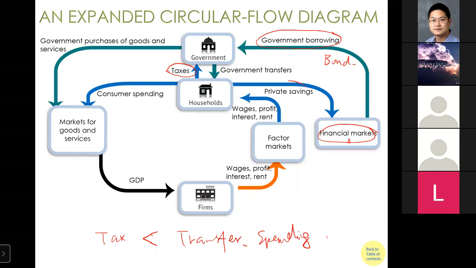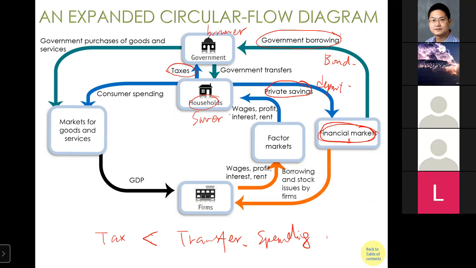Coming from private saving. So essentially, it's a deposit, right? Okay, so here you have the financial market. That's going to connect savers, here are household savers, with borrowers, here is government, right?